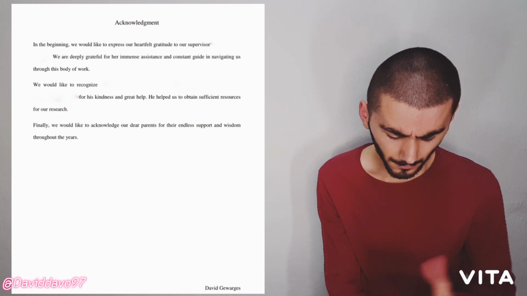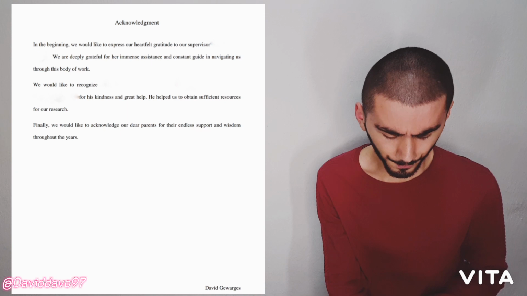This could be a very easy thing to do. Of course, we have the acknowledgement page and the dedication, but I don't think you need both. You would just mash both pages up and do it as one. Why would you add another page just to write 2 or 3 lines?